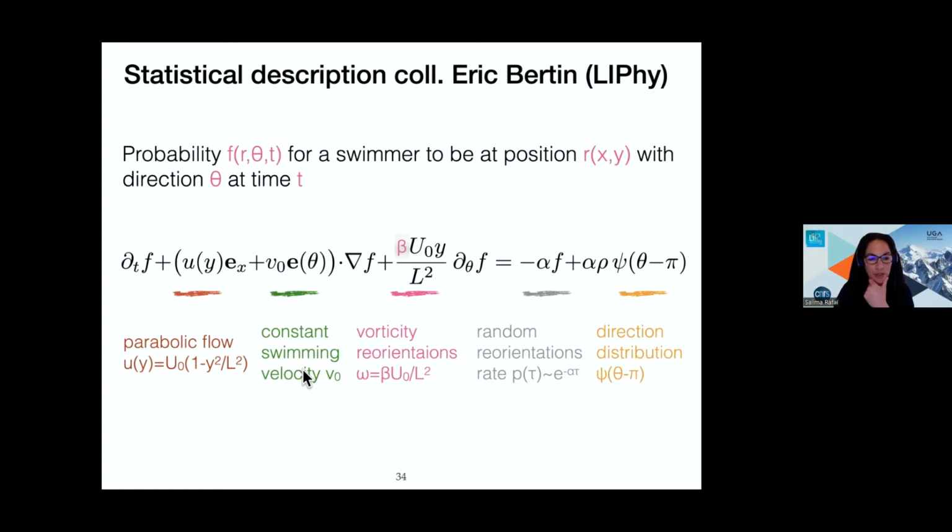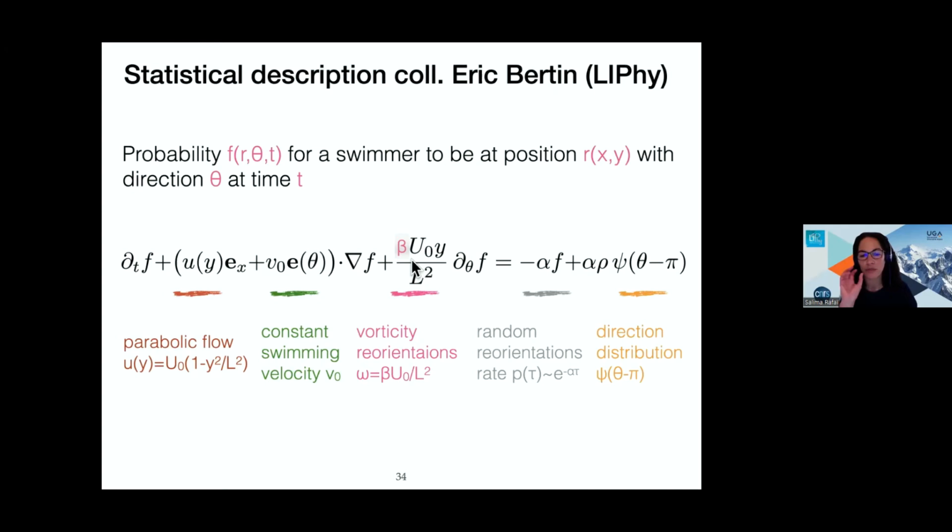They have a constant swimming speed, and they are subjected to the vorticity for their orientation. So we can consider that the orientation of the particle is just rotated by the vorticity of the flow, with a constant parameter that can be adjusted.